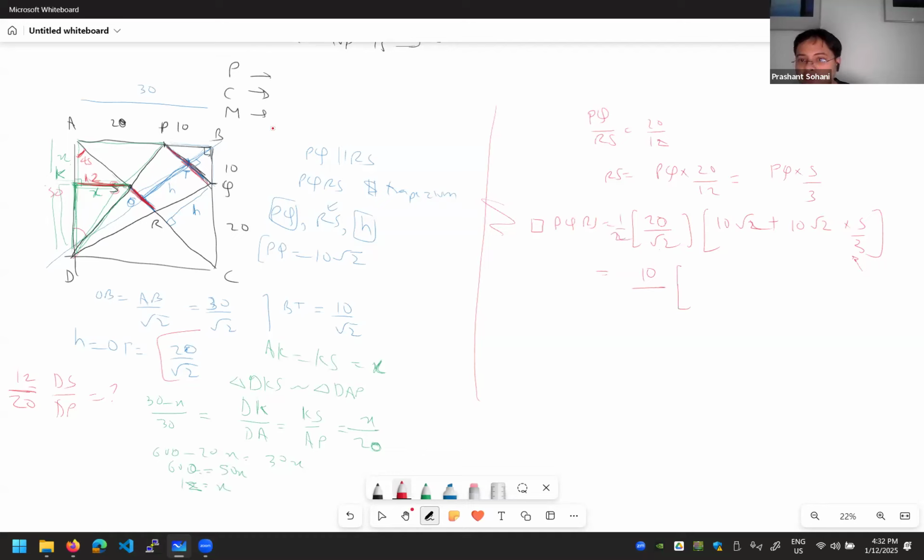Half and 20 cancel, so I'm going to get 10 plus 10 into 5 by 3. So my answer is coming as 800 by 3, which is the area of PQRS.